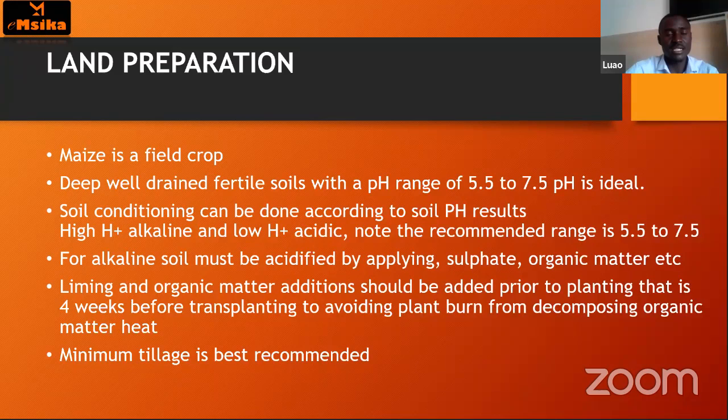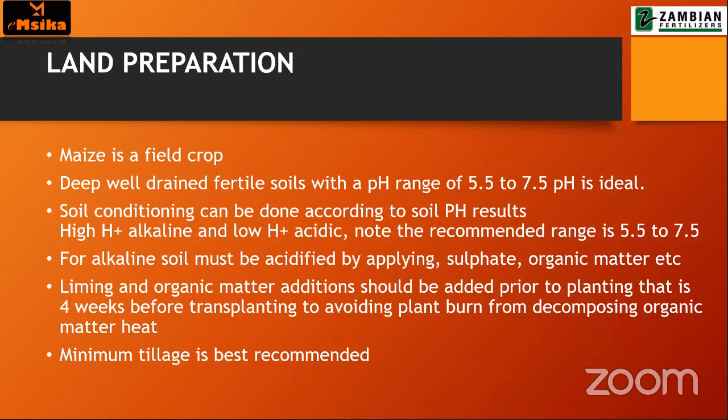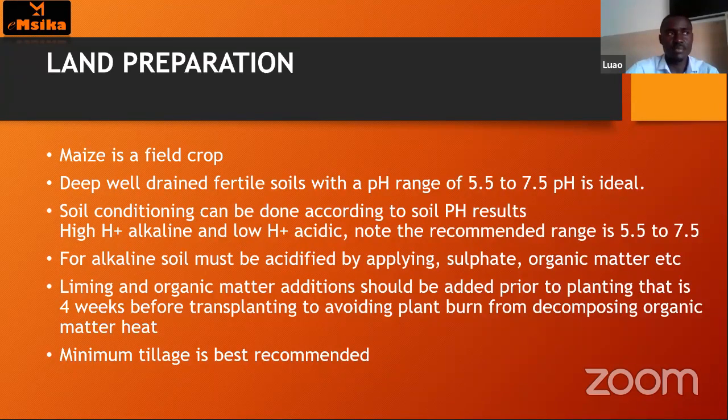So apart from it taking time, for example, organic matter, if you add the normal manure in the blended, it is already decomposed. And once you put it, you won't have that much time for it to be used by the plant.